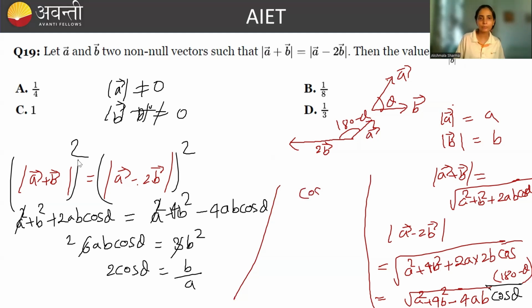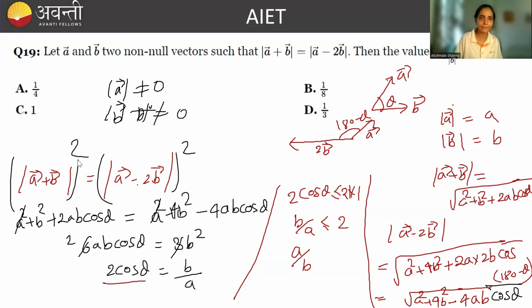We know that cos theta is less than or equal to 1, right? So 2 cos theta is less than or equal to 2 into 1, that is 2. And 2 cos theta is here equal to B by A. So B by A is less than or equal to 2. If I write A by B, I'm just taking 1 by all these things, so the inequality sign will also change.